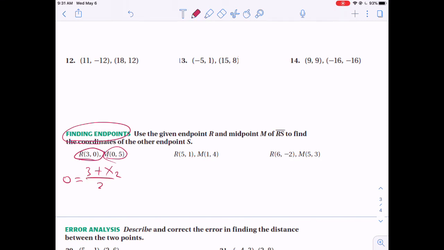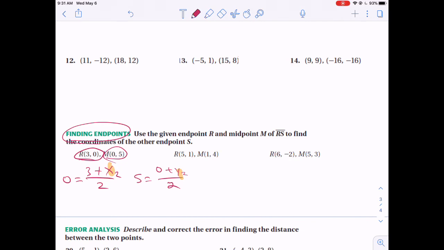And then for the y, the midpoint is 5. And that's going to equal the y value given, which is 0, plus y2, divided by 2. And now I'm going to try to find this y value and this x value. Again, those are the endpoints. So just take a look at that so you know how I did the problem earlier with finding the midpoint.